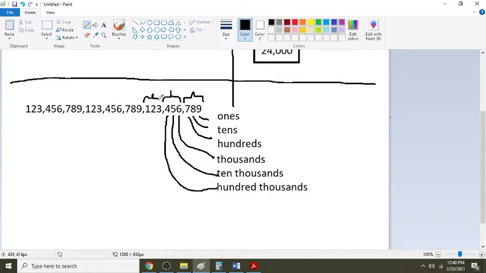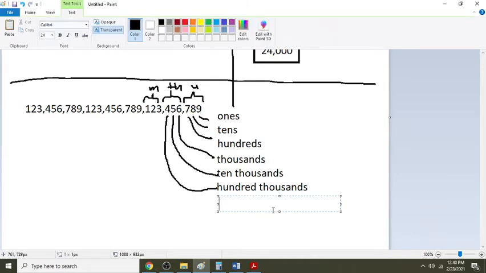Next set would be the millions. For the millions, you have the millions, the 10 millions, and the 100 millions.